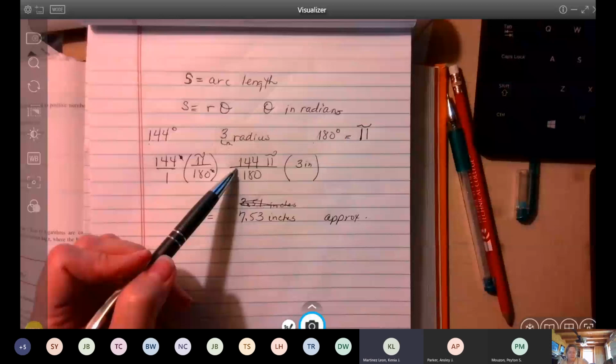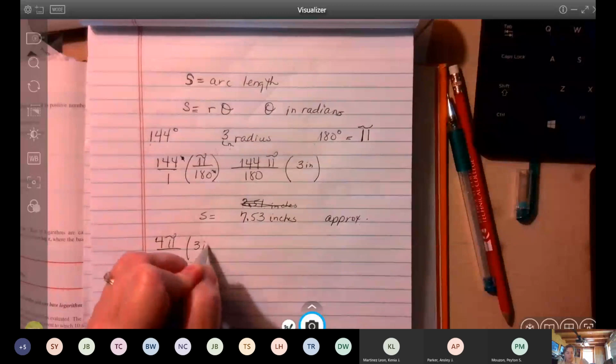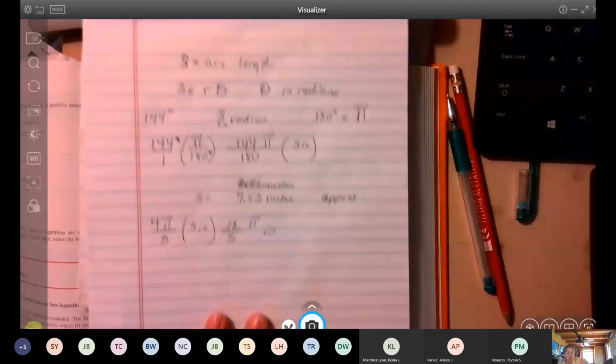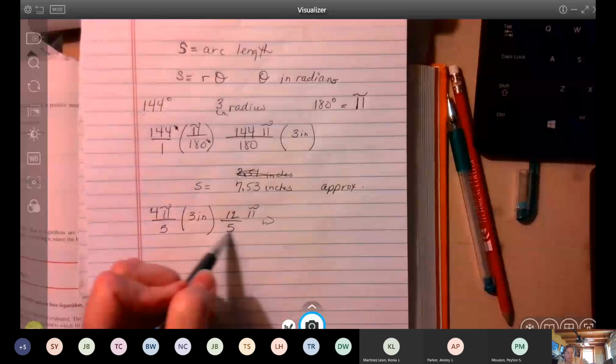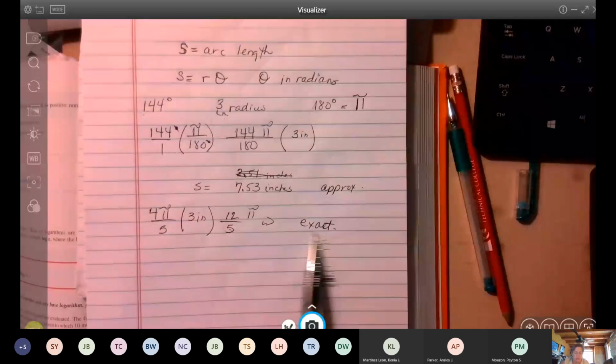So we have 4 pi over 5. When we multiply that times 3 inches, then that's going to be 12 pi over 5 inches. And I could reduce this, but this is going to be the exact answer. So when you're looking at homework, you're going to see possibly an answer that wants an exact. When they want an exact, you use the pi.